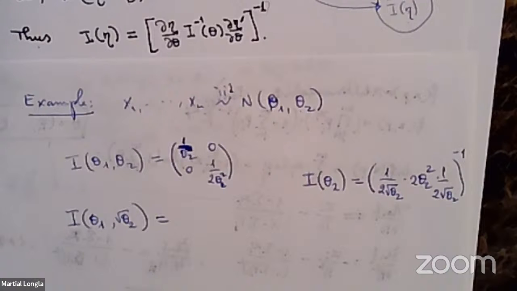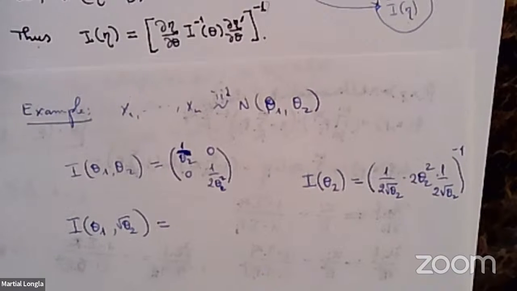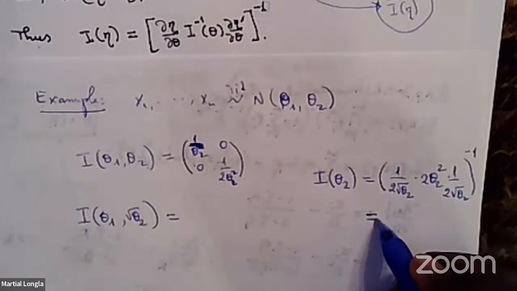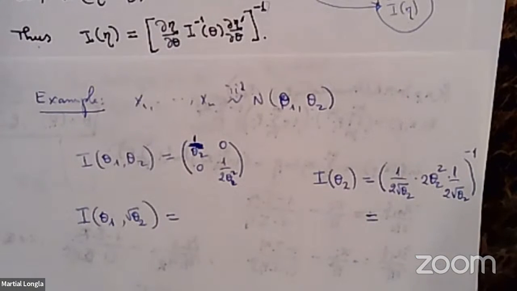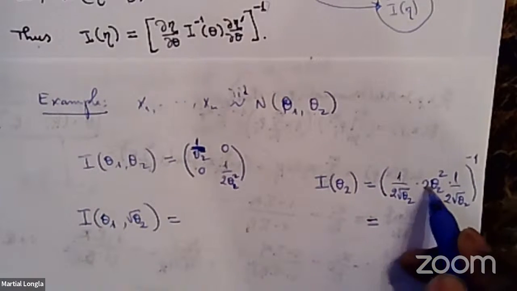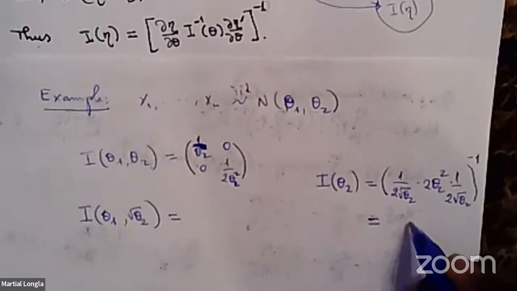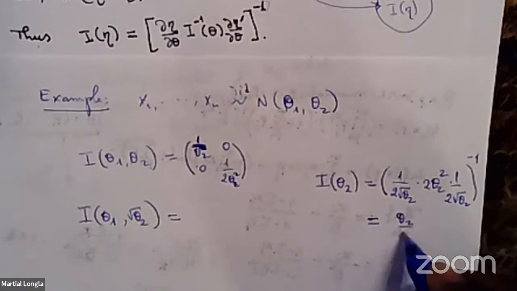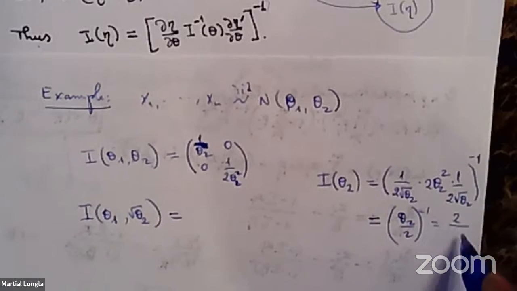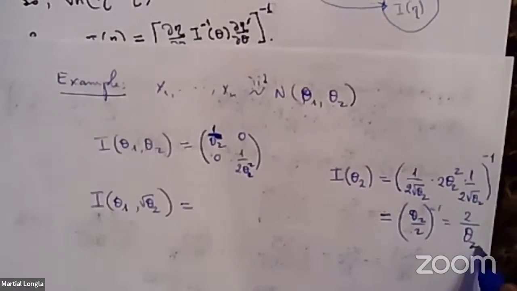So where do we end with this? When you finish computing that, what do you get this to be equal to? Theta 2 over 2. It's going to be theta 2 over 2 raised to the power minus 1, which is 2 over theta 2, right?